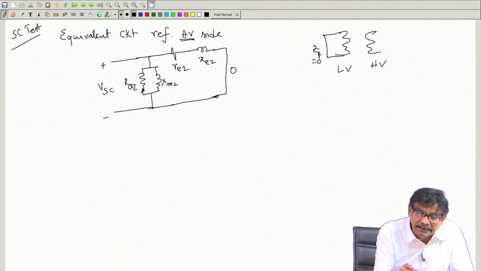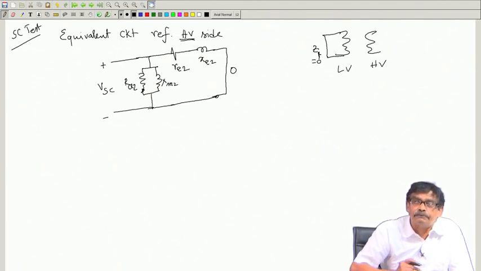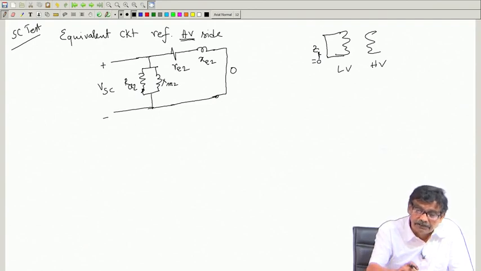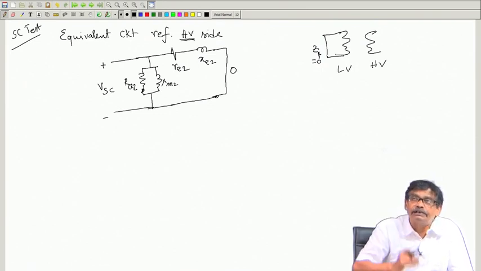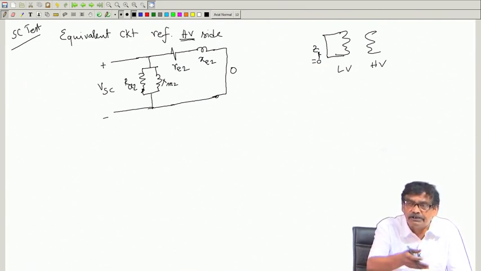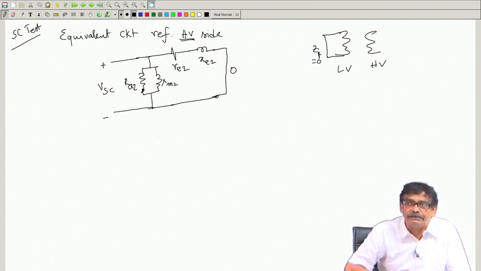What is the eddy current loss now? VSC square by RCL2. Got the point? This voltage square by RCL2, but this voltage is only a fraction of the rated voltage, that is 200 volt for the transformer we have considered, maybe 510 volt you will find in the laboratory.